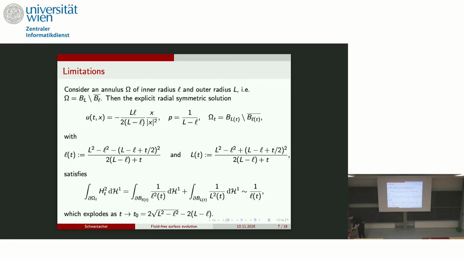And this you can compute explicitly. I mean, you can essentially take the gradient of the fundamental solution, which is a harmonic function. You get the constant pressure accordingly, and then, radially symmetric, you see what happens at the boundary, and you compute the curvature evolution there. And then you realize that when t goes to this value t0, this curvature squared will explode.